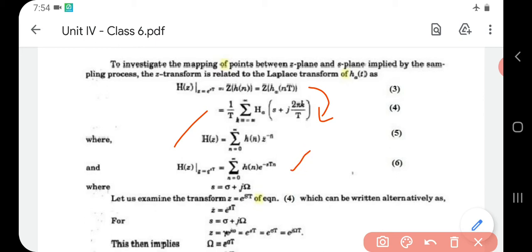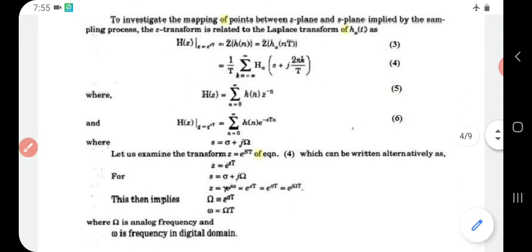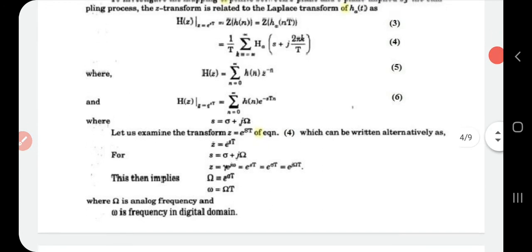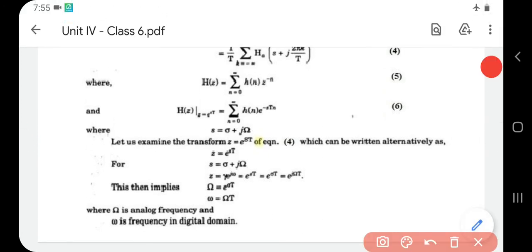So you can write this step first, then this step, and then write where H(z) equals this. Now we give a particular value for z in exponential form, that is z equals e raised to sT, where T is the sampling period and s is given as sigma plus j omega.